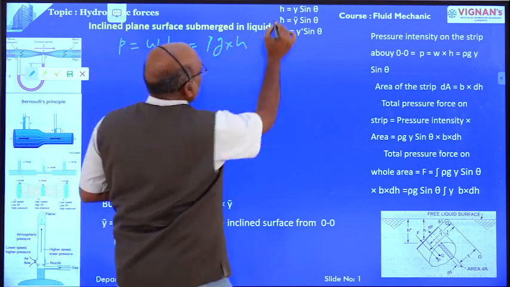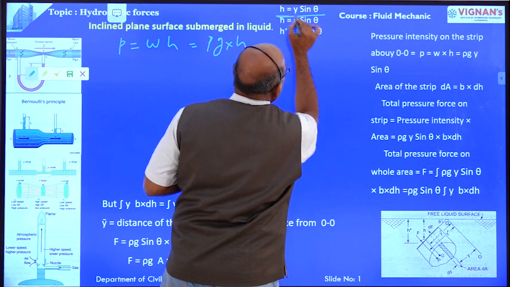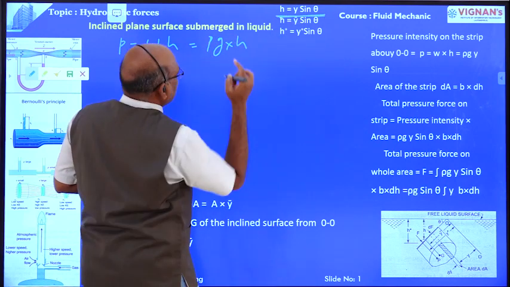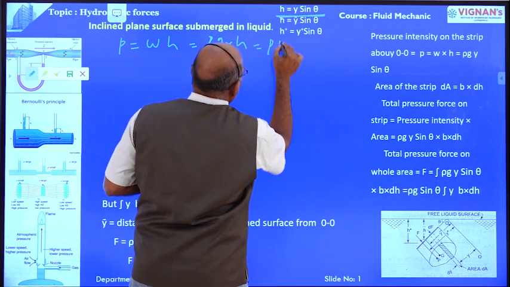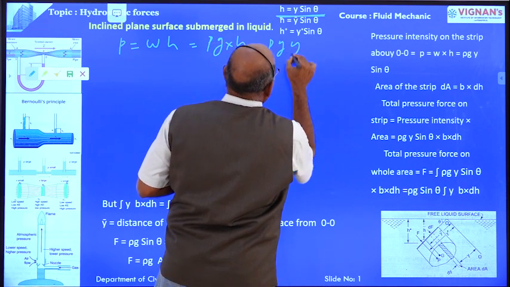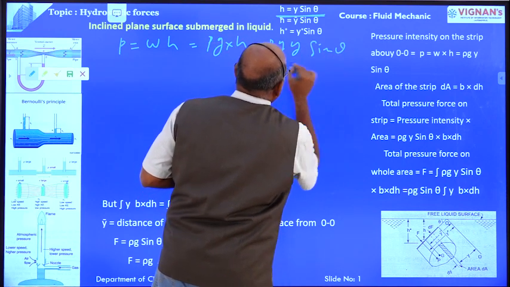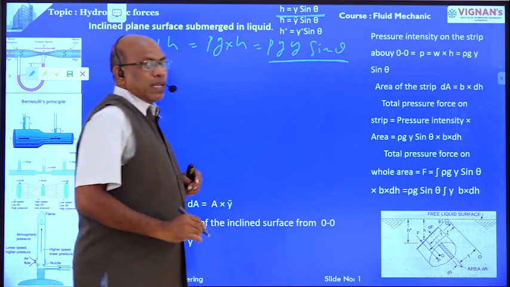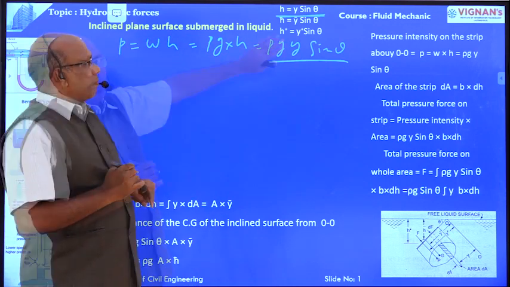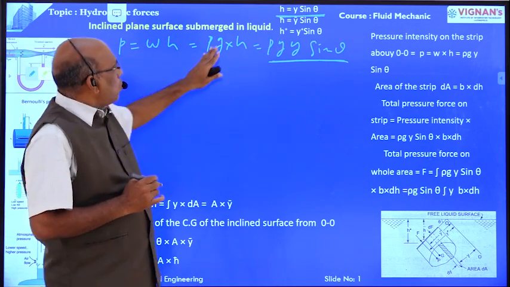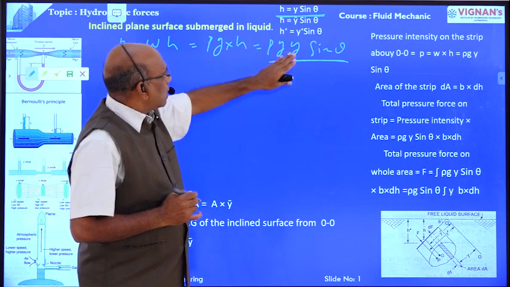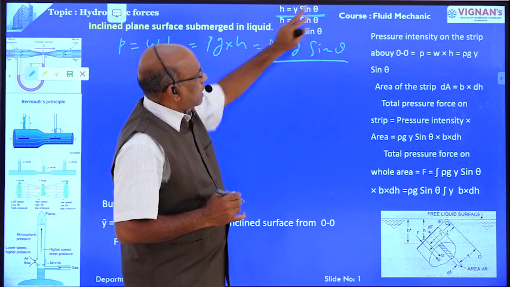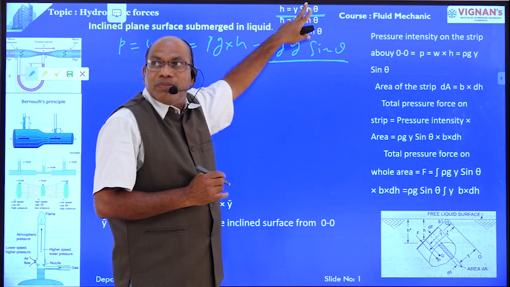If the surface makes an angle theta, therefore H is rho g y sin theta. This is the pressure intensity over the strip. P is equal to rho g h, h is nothing but y sin theta. Already I have explained in the earlier slide.